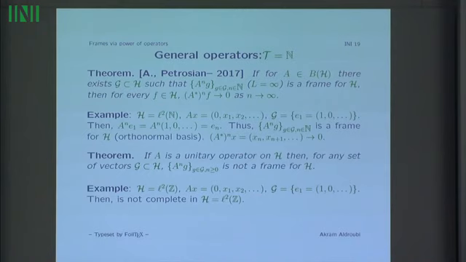So let's try to understand this example and see what's going on here. I'm going to take the exact same example, except that I'm going to replace n by z. So A is a right shift operator. The set is just the single vector e_1, and I apply A to the power n to this vector, and what happens is that this is not complete in L2 of z.